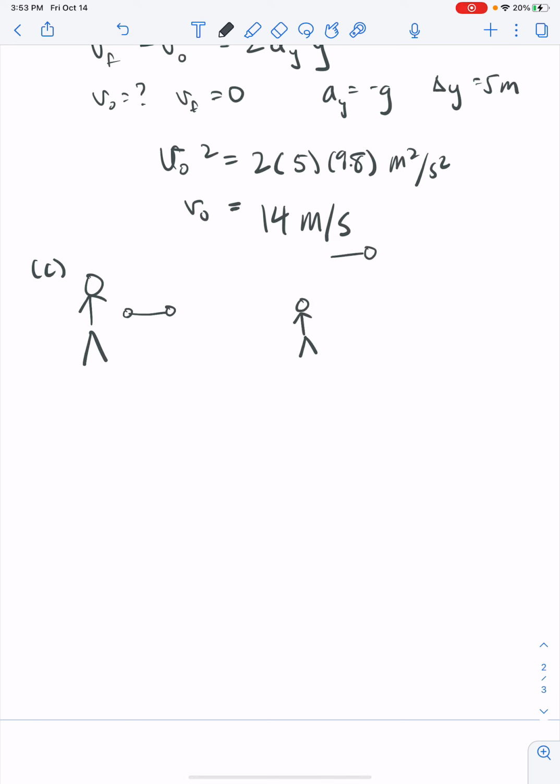This is our final picture. Okay. So we are going to have an origin that looks like this. That's at this point between their feet.